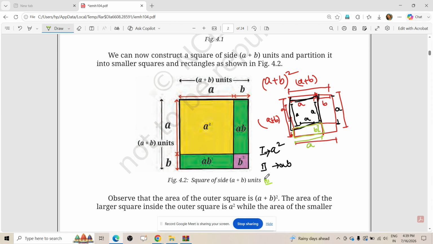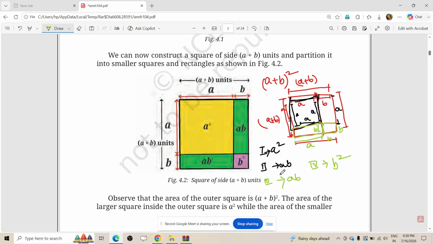Area of the third part is also length into breadth. Length is a and breadth is b, so that will also become ab, right? And the last part is a square of b unit. So what will be the area of this fourth part? That is b square.